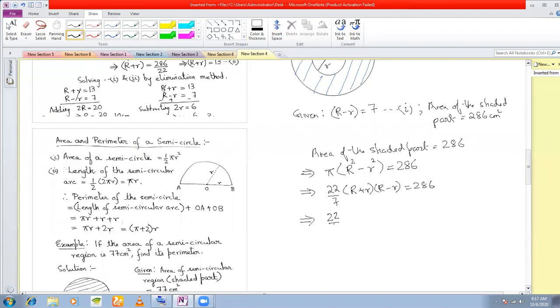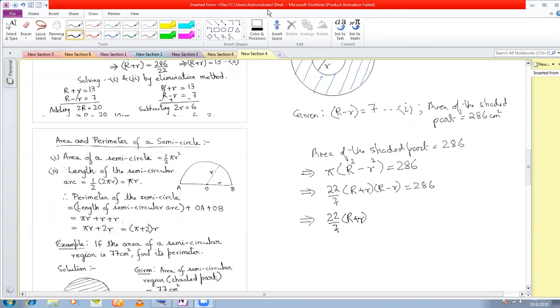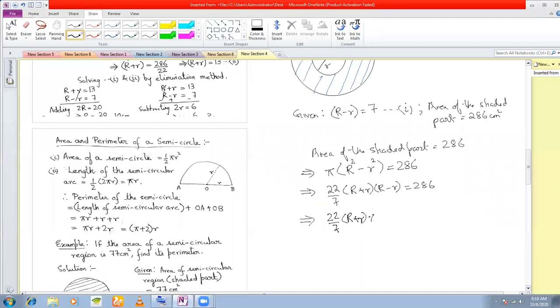So you can put the value: 22 by 7 into R plus r into R minus r, which is given as 7, equal to 286.